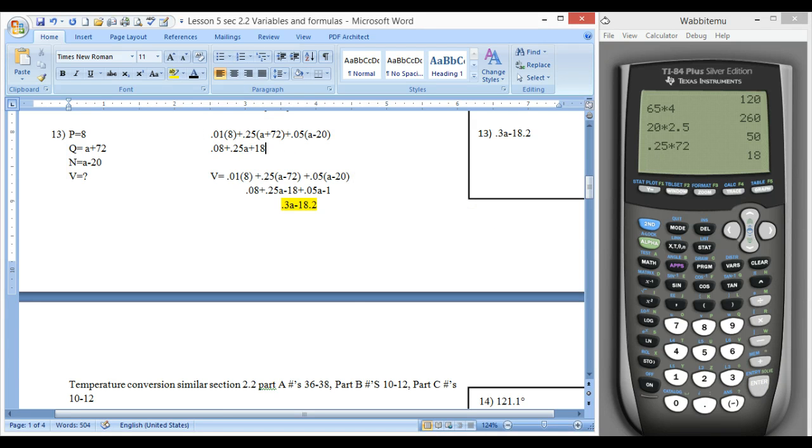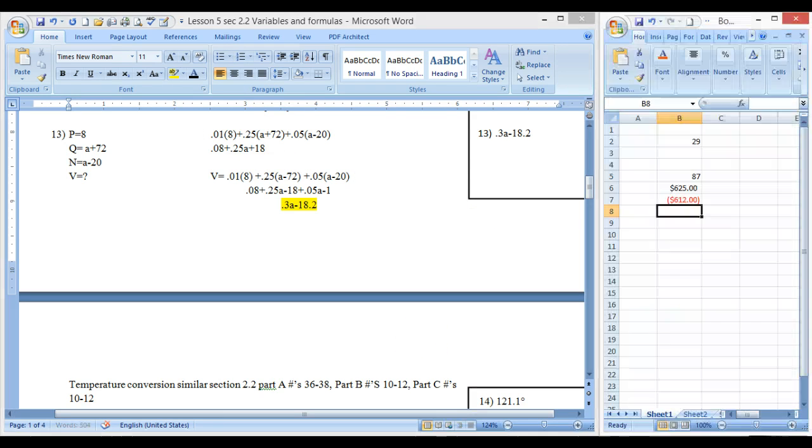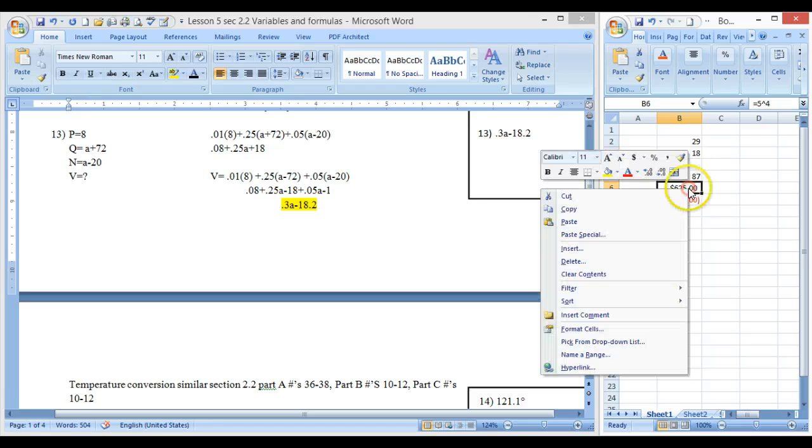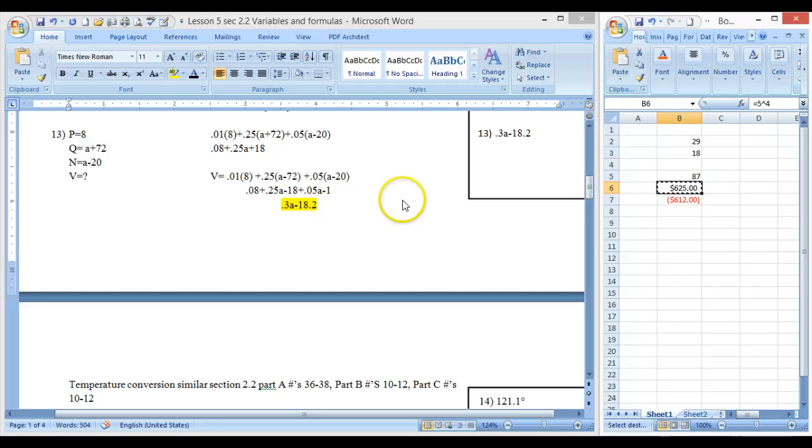So plus 18. Now if you didn't want to use a calculator, remember you can always go into Microsoft Excel and do equals and treat it just like a calculator. 0.25 times 72. There we go. We still get 18. One benefit with Microsoft Excel, if you are doing a money value, you can copy and paste into your Word document and it's already rounded and it has the dollar sign, so it's kind of nice that direction too.